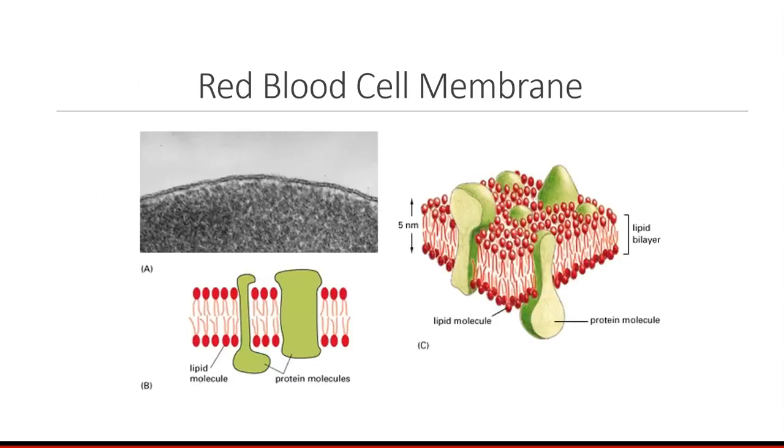The top left picture actually shows you the red cell membrane, and if you look very closely, you can almost discern the little hydrophilic heads and tails. The line illustrations show you again how the membrane is made up and how the structures can protrude from and maybe even go all the way through the red cell membrane, which can then result in an important part of the structure of the red cell.